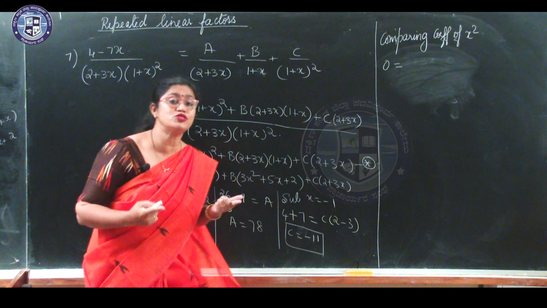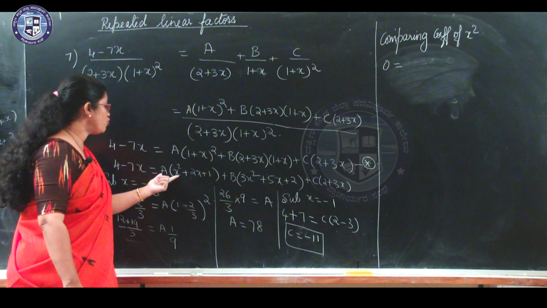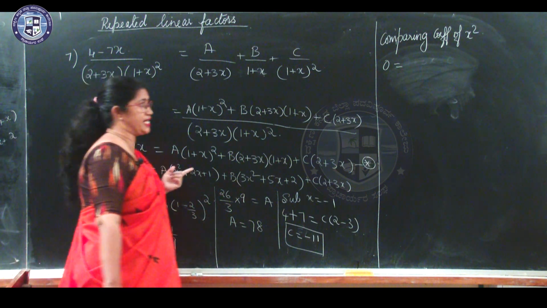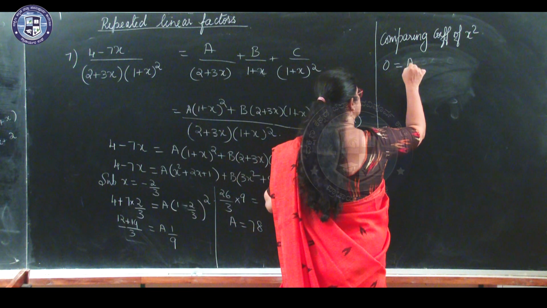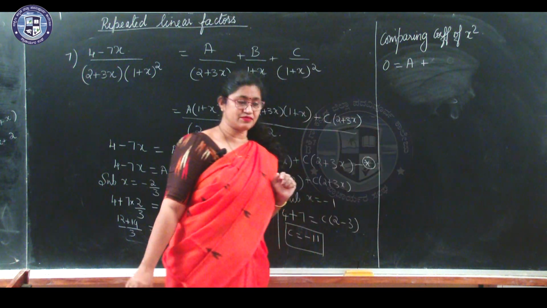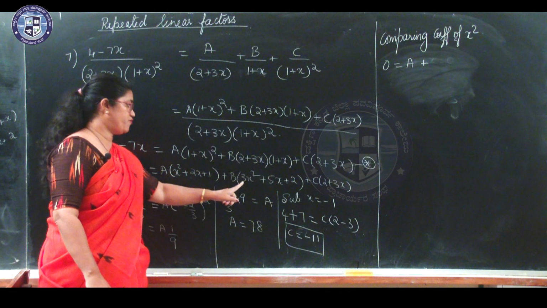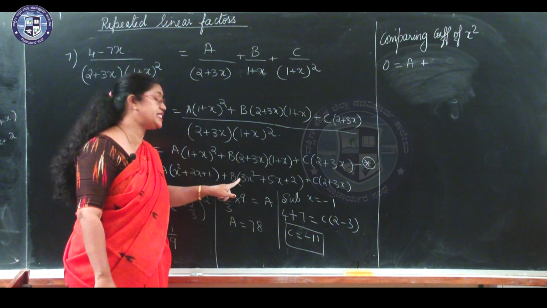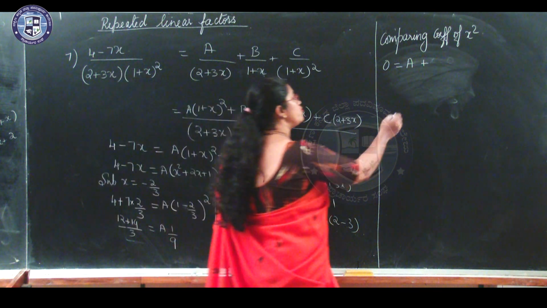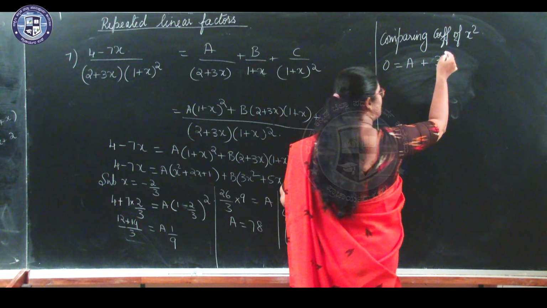Now look at the terms on the right side. Coefficient of x square is A, so I write A plus, be careful, coefficient of x square is 3 into B, so I have to write it as 3B.